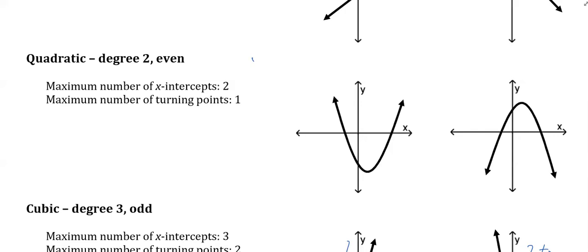So it's there and it's there. If the vertex or that turning point is on the x-axis, it has 1. Could it have 0? I hope this is an easy question. Yes. If it opens down and it's below the x-axis, or it's above and opens up, it will have 0 x-intercepts. So the minimum number of x-intercepts for a quadratic is 0.